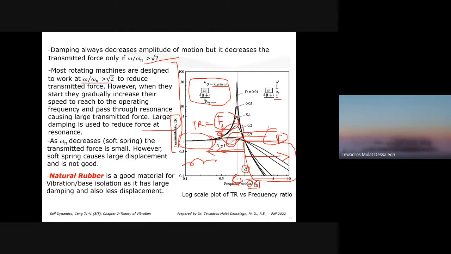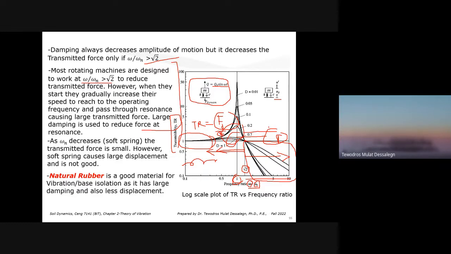Now, the way you achieve that, there are so many things. W and Wn. W, you may not have control over. W is a forcing frequency. It comes from the manufacturer, or it comes from nature in the case of an earthquake. Let's say if there is a turbine or a motor or some generator, W comes from the manufacturer.